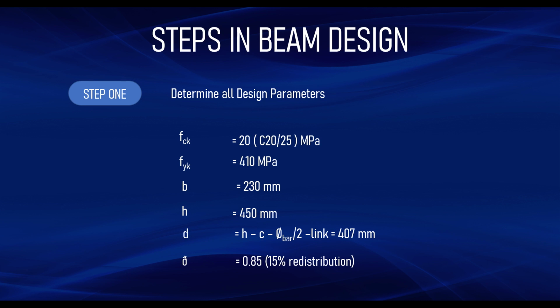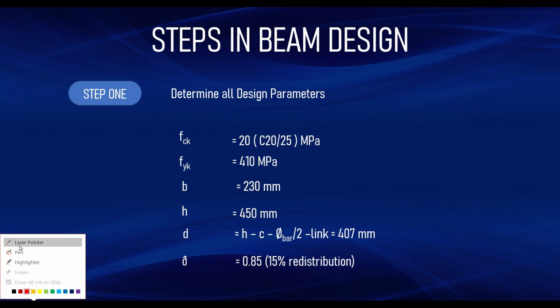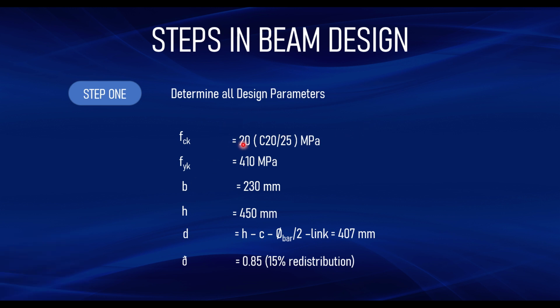FCK is the characteristic cylindrical strength of concrete. In this tutorial, we are going to be making use of 20 megapascal, which is the same thing as 20 Newton per millimeter square.